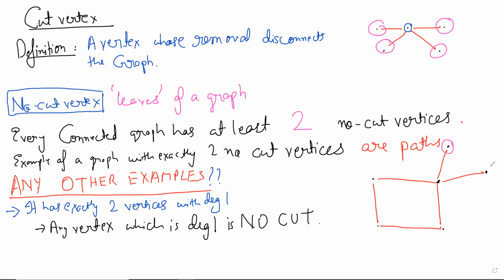This is a no cut, this is a no cut, this is a no cut. But in paths, that is not the case, right? In paths, only two vertices are no cut vertices. Let's try to understand this. If you have this path, is 3 a no cut vertex?